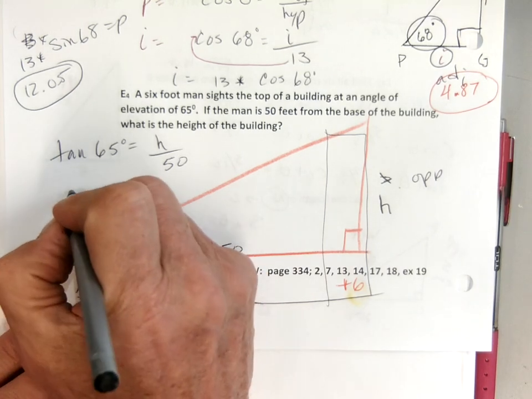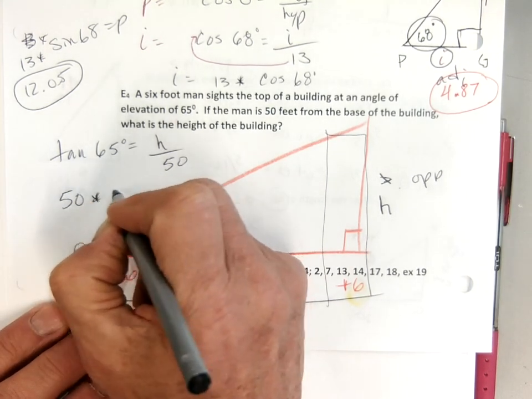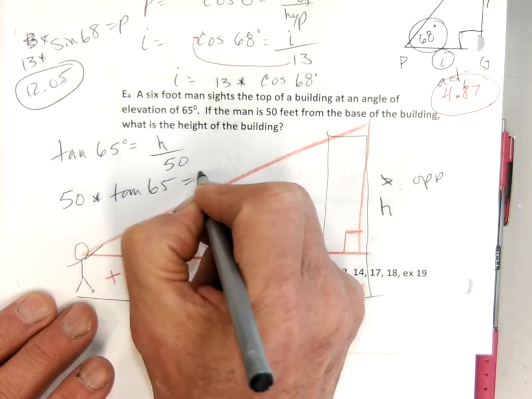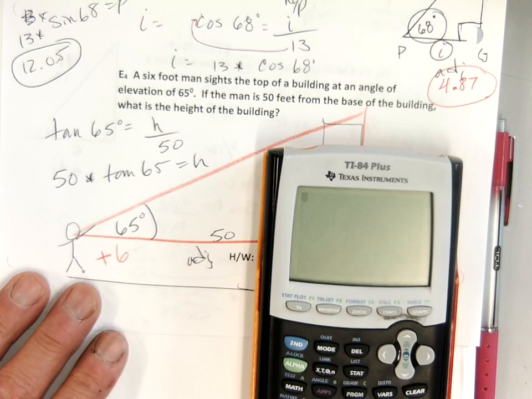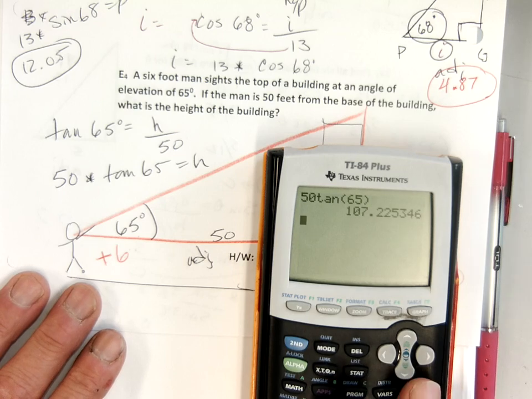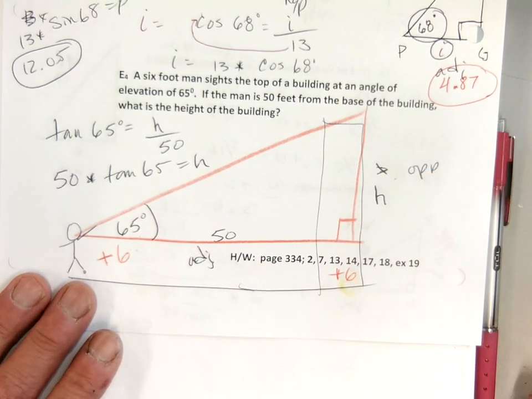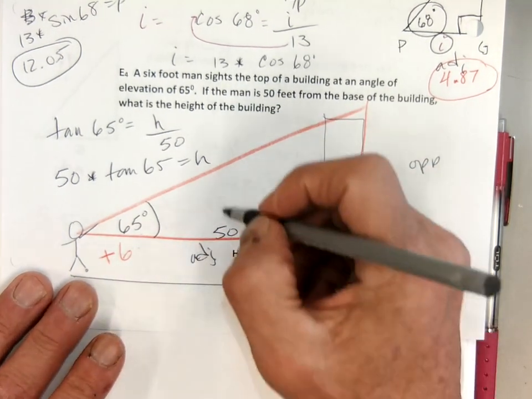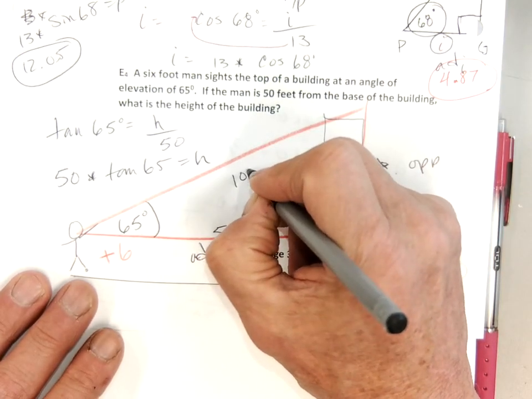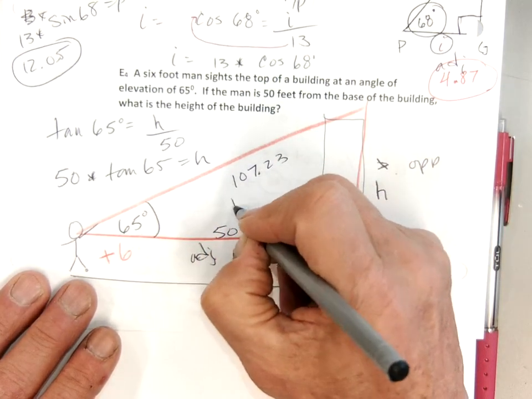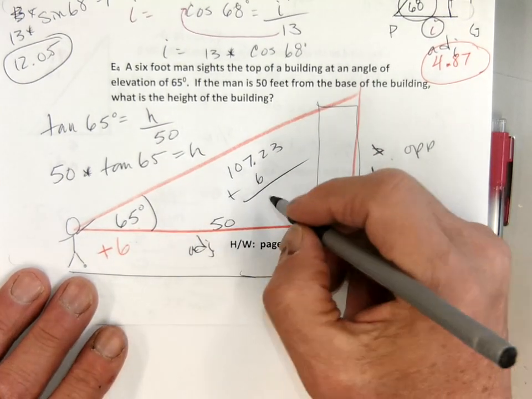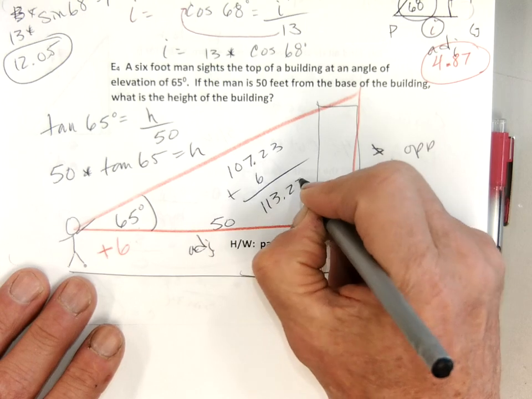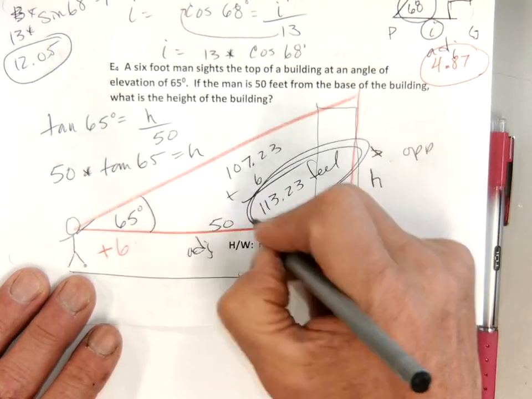Multiplied by the 50, 50 tan 65 equals h. Everybody agree with that? I get 107.23, but I have to add in the 6 feet, right? You guys agree with that? 113.23 feet. What do you think?